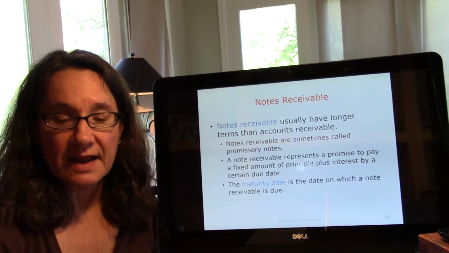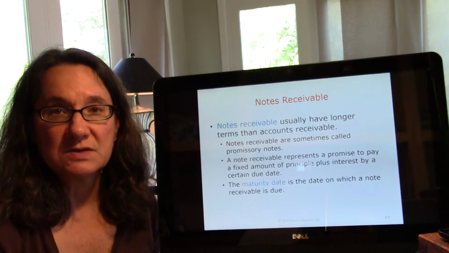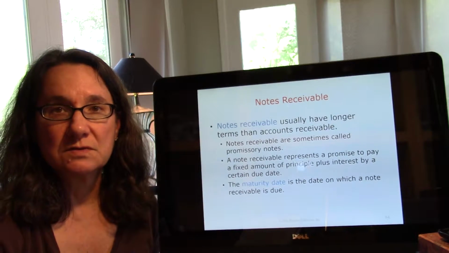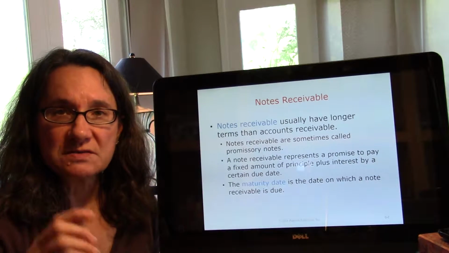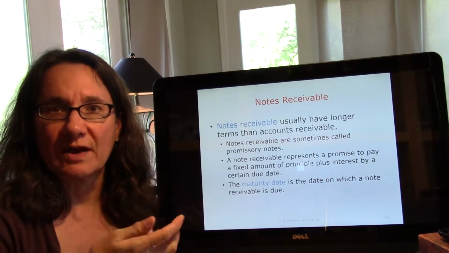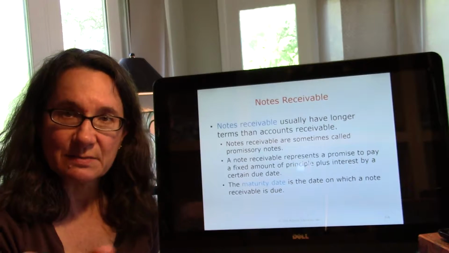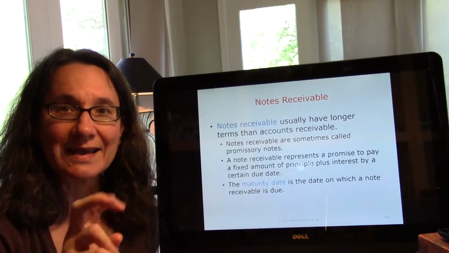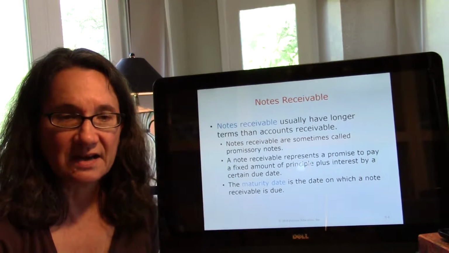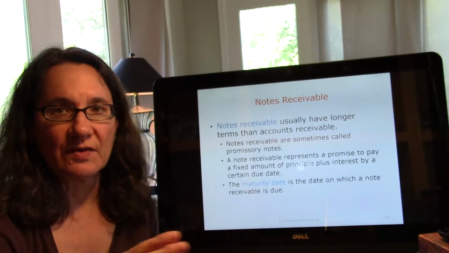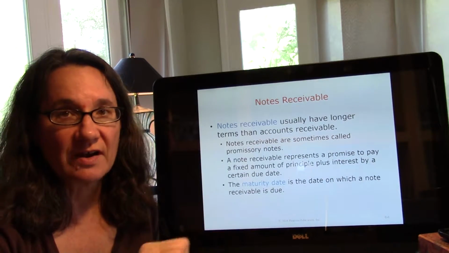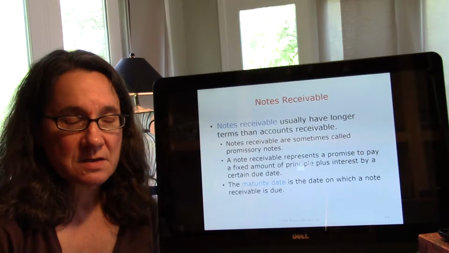The maturity date is when a note is due. Just that word note, like you wrote a note to somebody, a note's an actual piece of paper. So a trade receivable, or account receivable, like on the last slide, is just when we're making a sale, something we do all the time, and you've established credit with us, so we just go ahead with that.